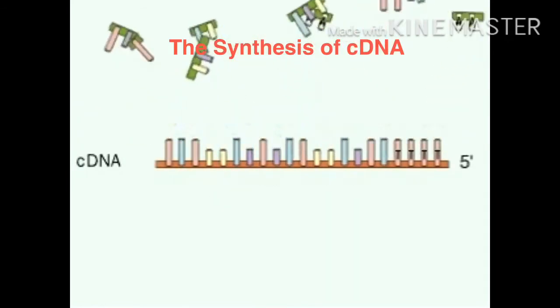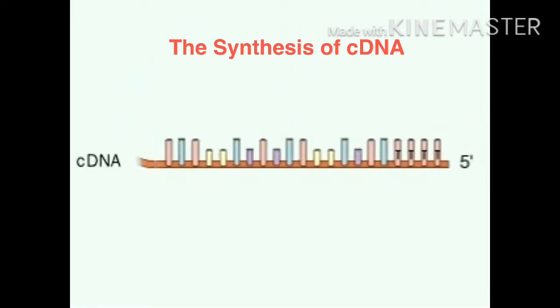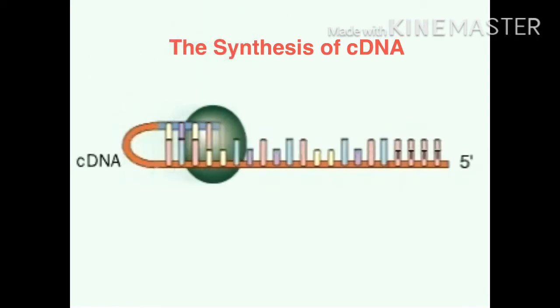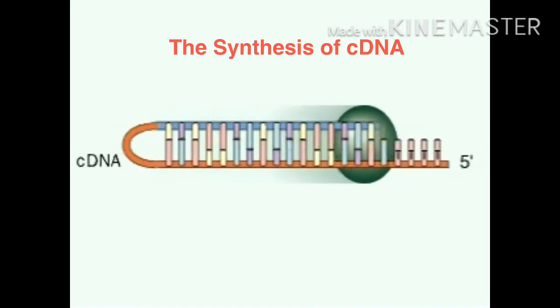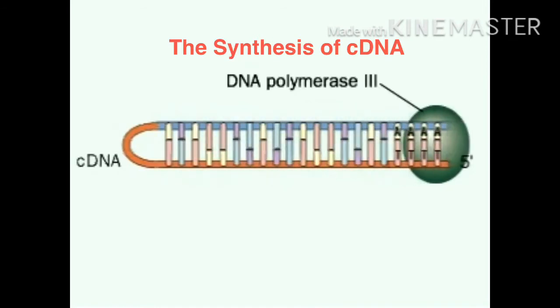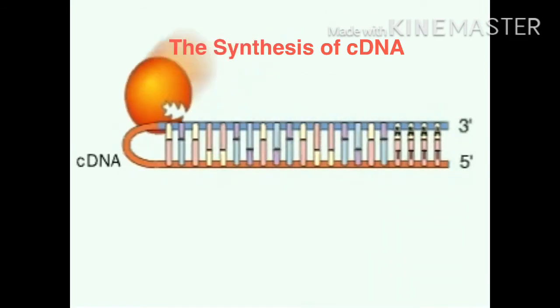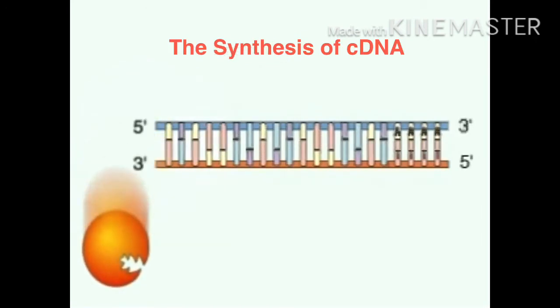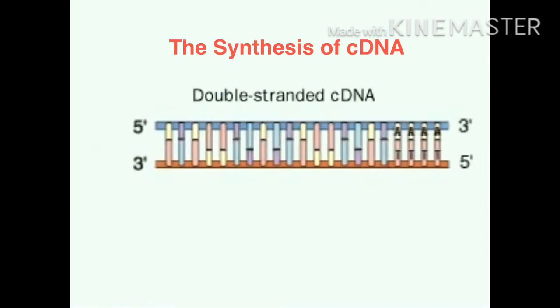The mRNA strand is degraded with alkali, and the free 3' end of the DNA strand forms a hairpin loop that primes synthesis of a second DNA strand using DNA polymerase III. S1 nuclease cleaves the hairpin loop, leaving a double-stranded cDNA copy of the original mRNA.